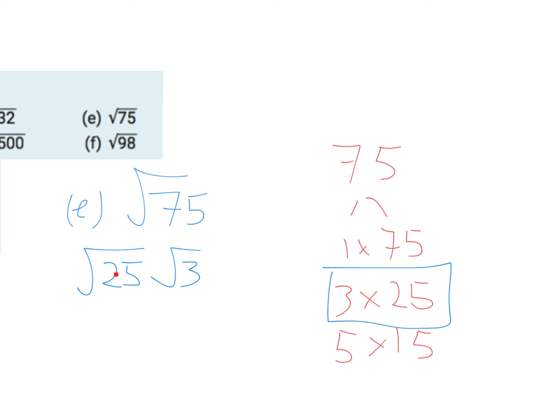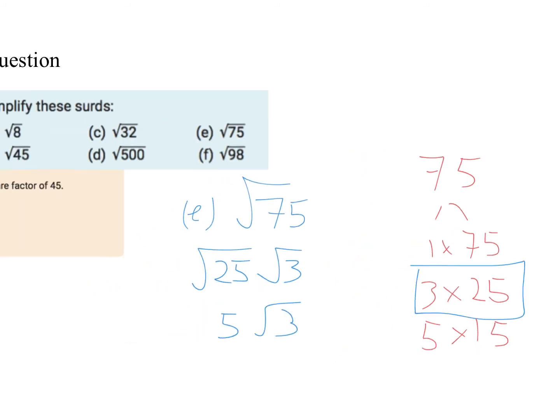And again, surd law 1 says that this multiplied by this will be the square root of the two numbers multiplied. So 25 times 3 gives us 75. We're just working the opposite way with this. Now the reason why I chose a square number 25 is because that easily simplifies to 5. So we can simplify this to being 5 times the square root of 3. So that's a way of simplifying a surd.